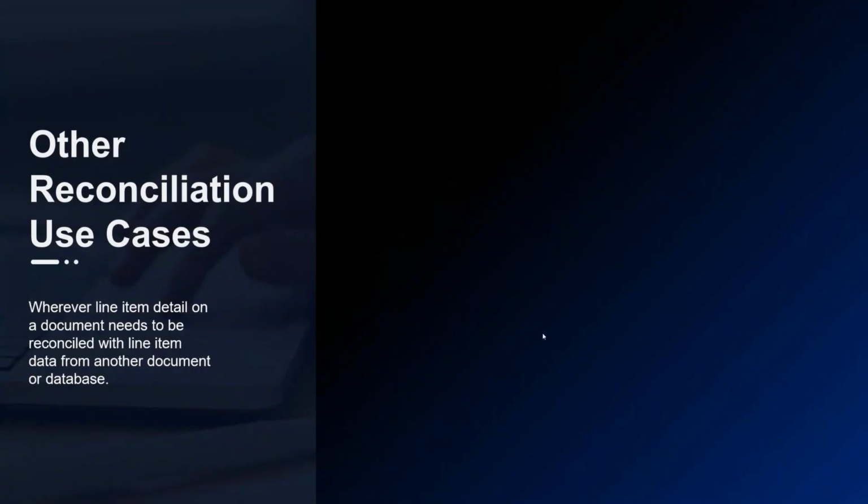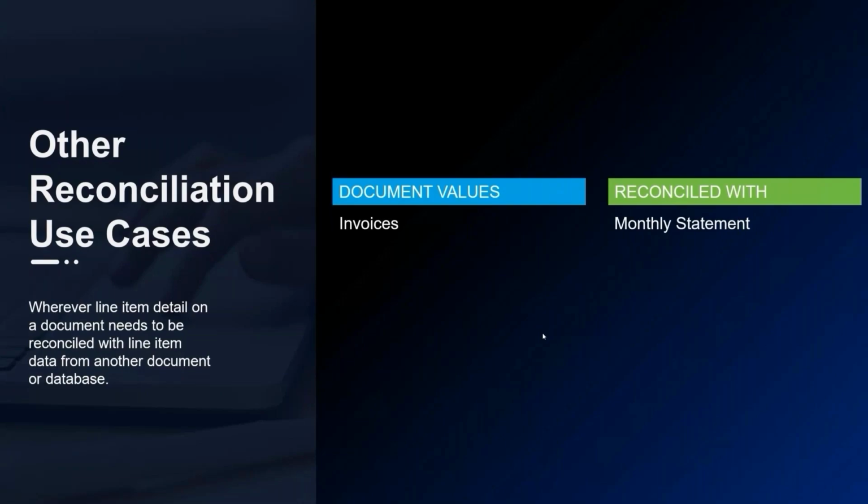And so the challenge I have for you is to think about how you might use reconciliation within your organization. Of course, one example, it's comparing invoices or orders with that monthly statement. That's a real good scenario. Another example might be if you receive EFT remittances and you need to reconcile them with your open AR invoices.